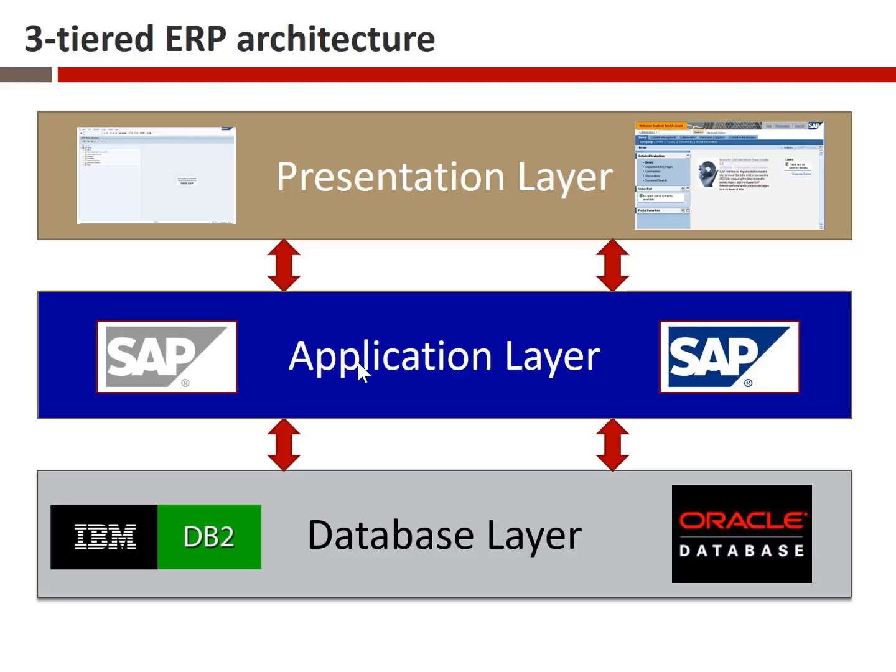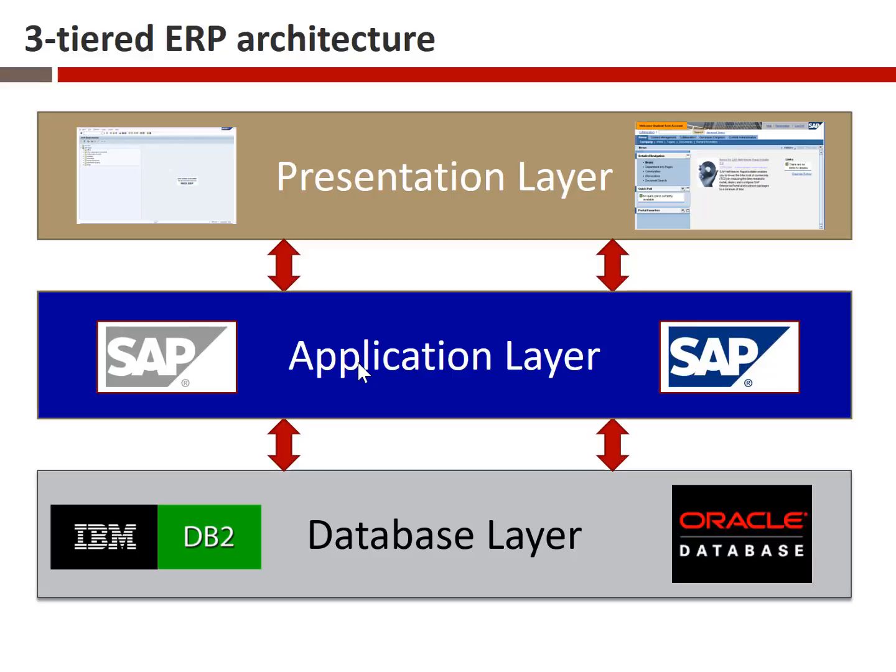And that's why the database layer is often called the persistence layer. So the idea here is that when data is stored, when data is retrieved, the database layer is what's actually going to accomplish that for us.